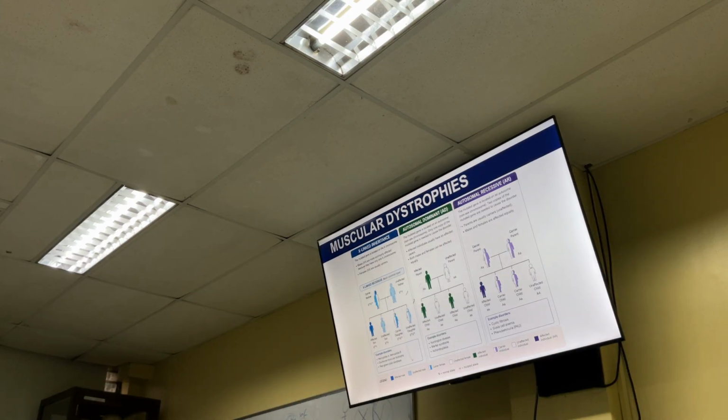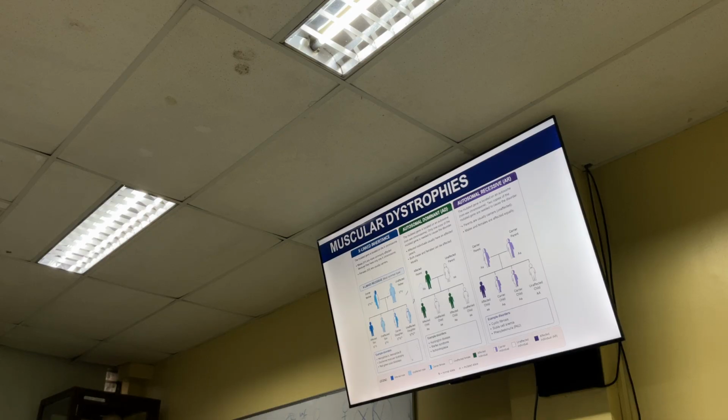So, if this is the affected parent and this is your unaffected parent, the child will get one allele from each: the affected allele and the normal allele. Obviously, the unaffected parent's version of the gene is unaffected.